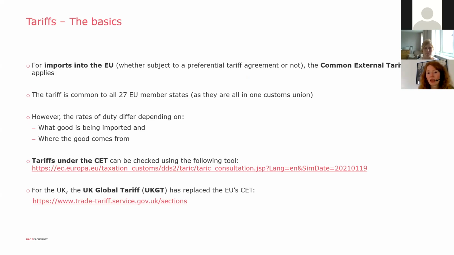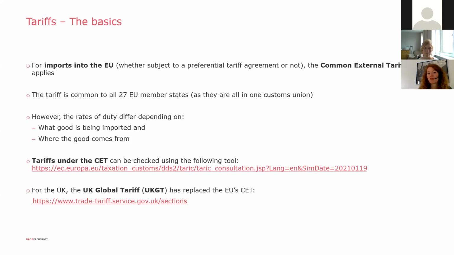So again, coming back to tariffs and the basics. For imports into the EU, whatever the good is, wherever it comes from, we have the common external tariff, the CET, and that is common to all 27 member states because, as you know, they're all in one customs union.